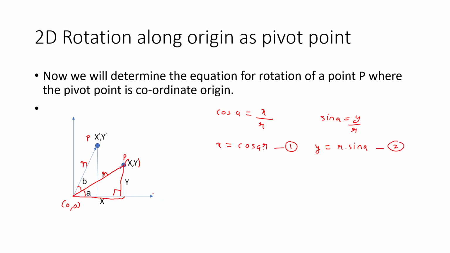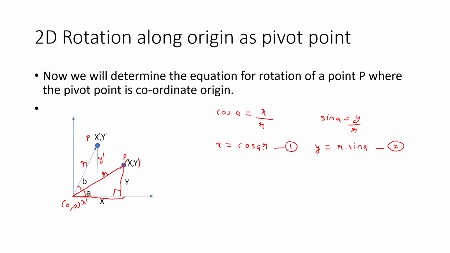Now, after repositioning, we'll have the coordinates x dash comma y dash. If we draw a straight line from this point P down, this distance is going to be y dash, and this distance is going to be x dash.